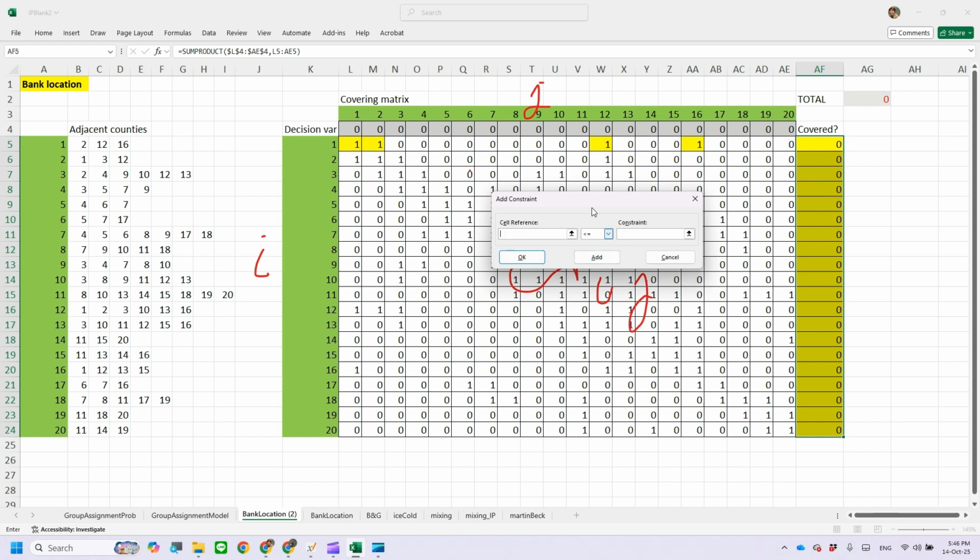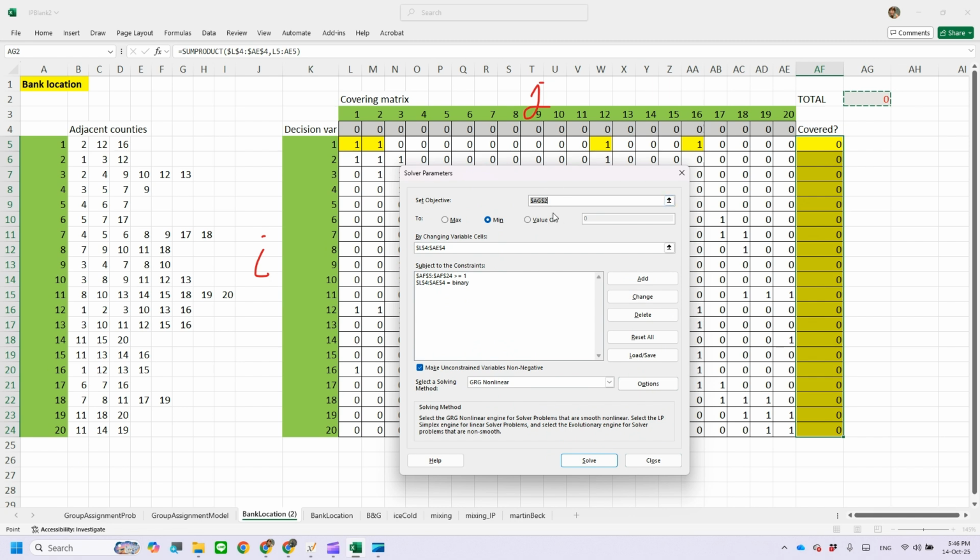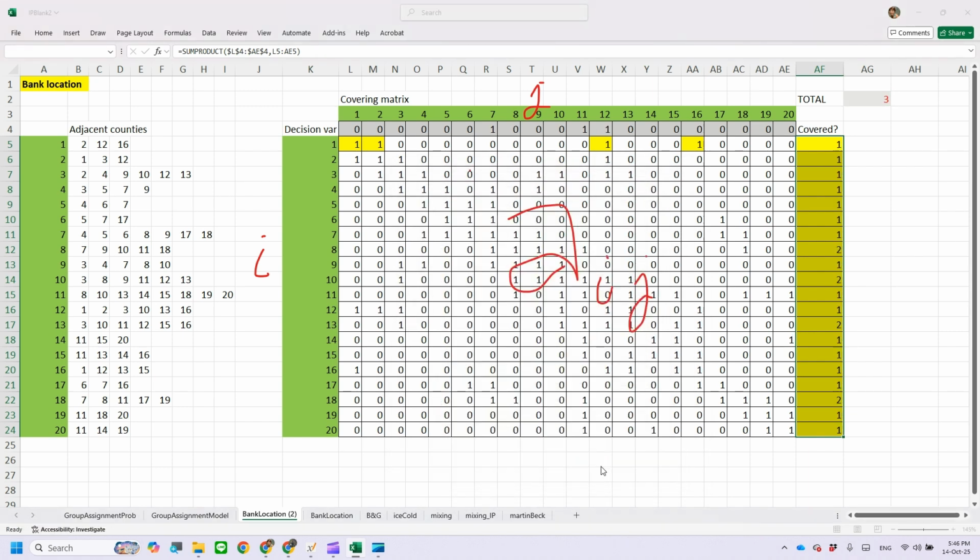And I add the constraint that the decision variables are binary. So here again, the objective is to minimize the number of bank branches that we need to set up, and we want every county to be covered. I mean, at least there's a bank branch in that county itself, or any county next to it. Okay, so I'm going to click solve, and the decision variable is found.